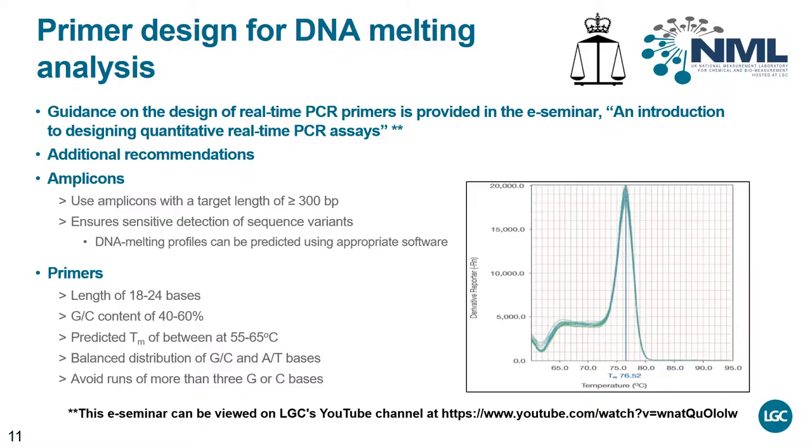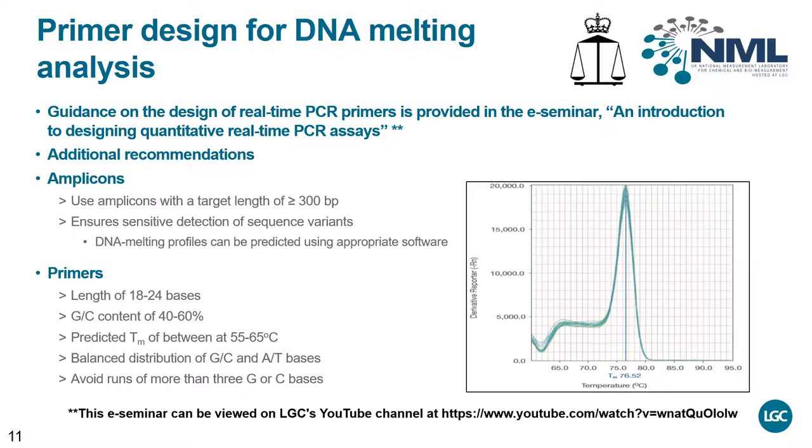The primers should be between 18 to 24 bases in length, possess a G plus C content of 40 to 60%, and have a predicted melting temperature of 55 to 65 degrees centigrade. A balanced distribution of G plus C and A plus T bases should be employed if possible, but sequences with 3 or more consecutive G or Cs should be avoided.